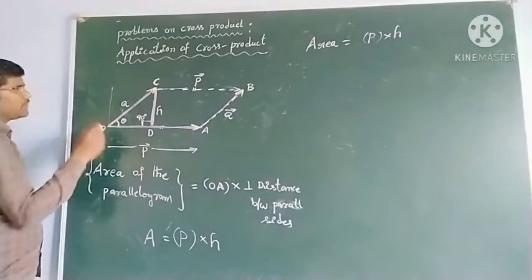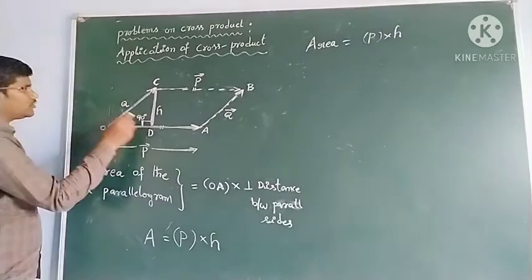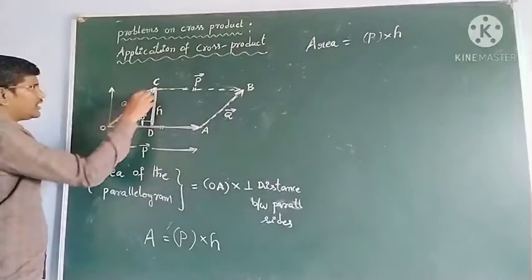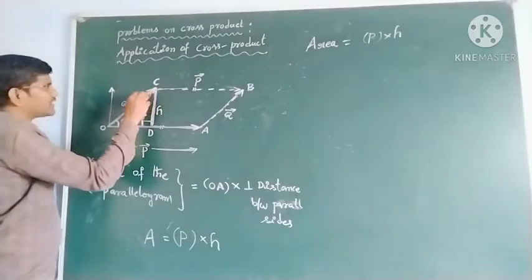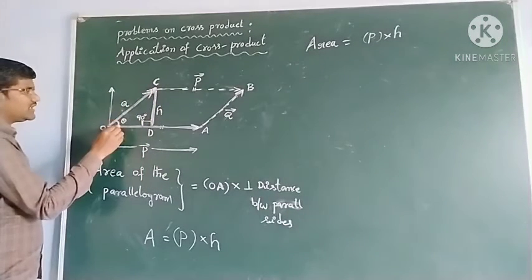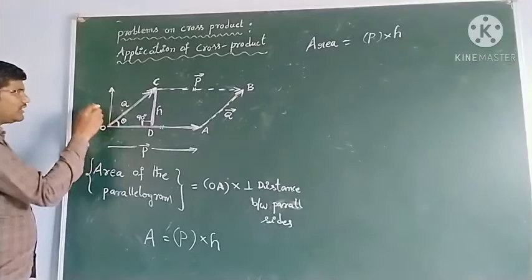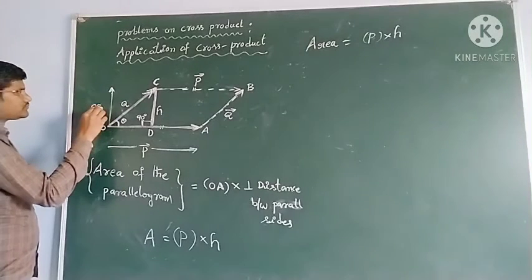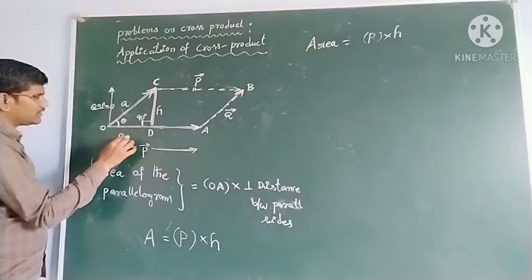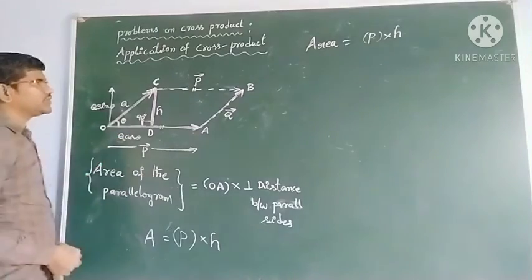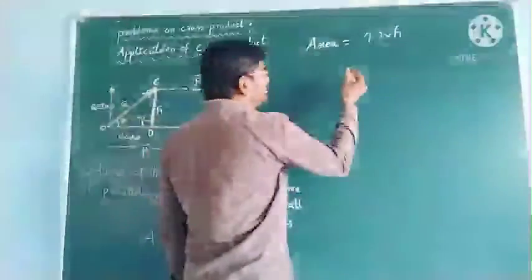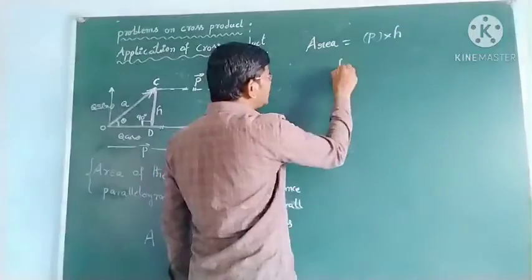Then if you resolve this q bar vector into two components, this is theta, means this side you will get q sin theta, and this side you will get q cos theta. Means the h value you are getting is q sin theta.